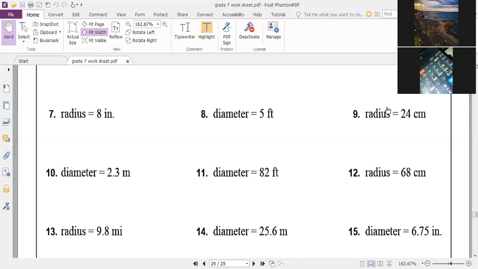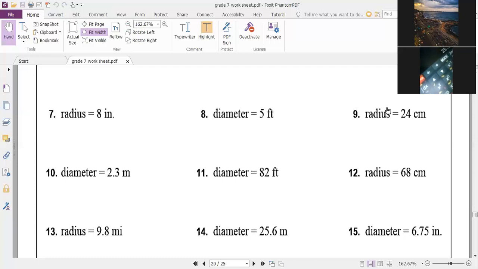So it equals 301.6. So the area in this case is 301.6. We use this rule, 9.8 squared times 3.14.